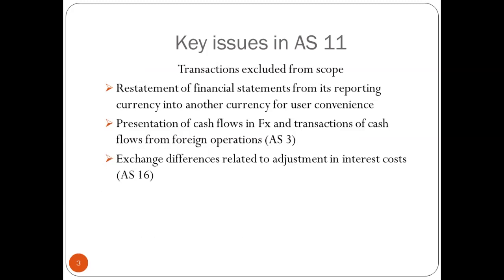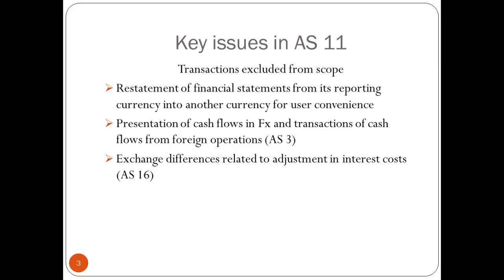Suppose you are the 100% subsidiary of a US based company. And for a particular year, the US based company says you have already prepared your accounts in Indian currency, we want to have these accounts translated into equivalent US dollars. So what you are expected to do?